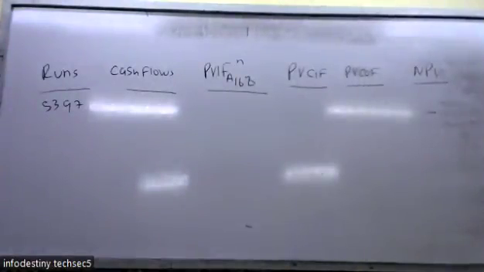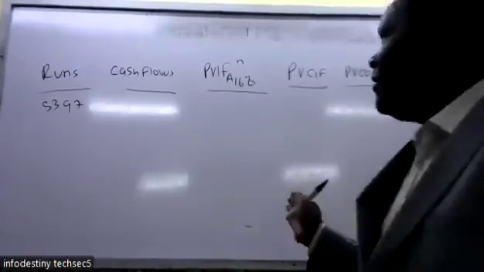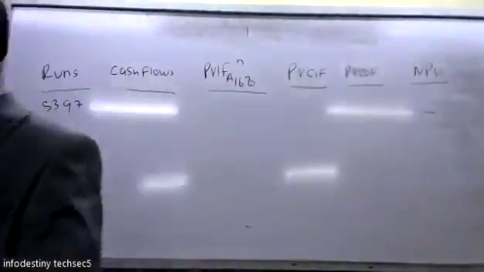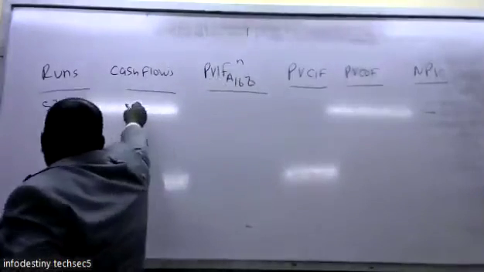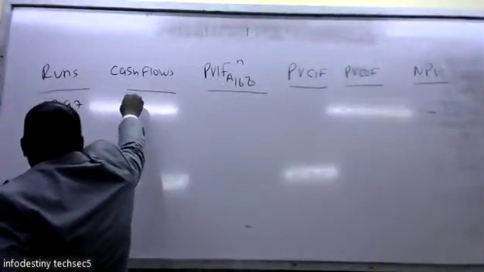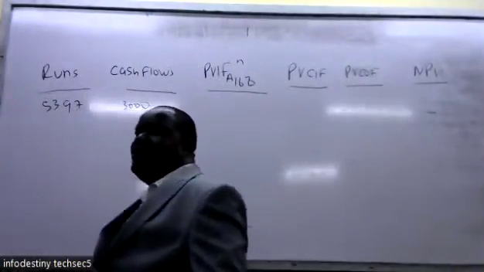So 53 is between which figure and which figure? It is 35 to 64. So between 35 to 64, when you check the cash flows, it is how much? It is 3,000. So the cash flows there will be 3,000.